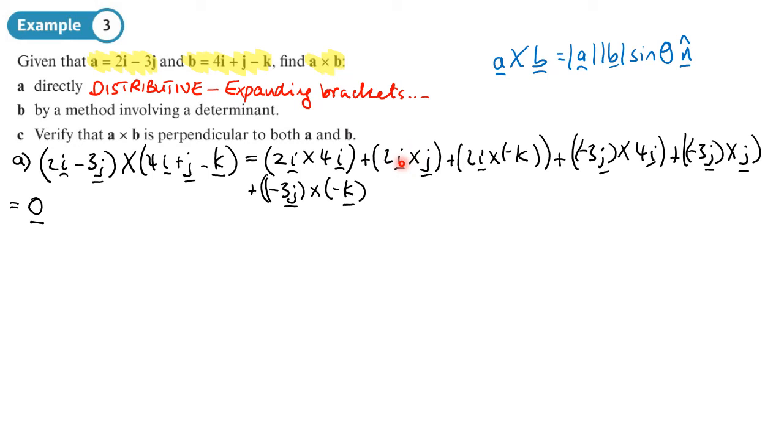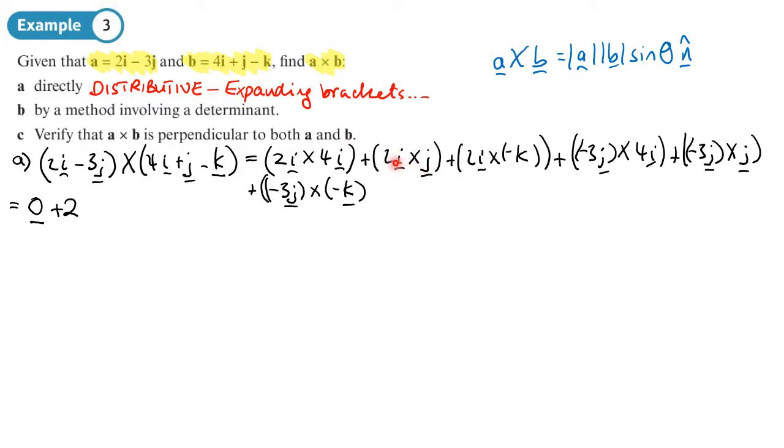Moving on to the next one, we multiply the lengths together, so we get 2, so plus 2. Then we need to do the sine of the angle between them. Now all of these brackets, apart from the ones which are parallel, the sine of the angle between them is going to be 90, so we're going to be multiplying by 1. But what we want to get is this normal vector, this n here, so we need to get the right one.